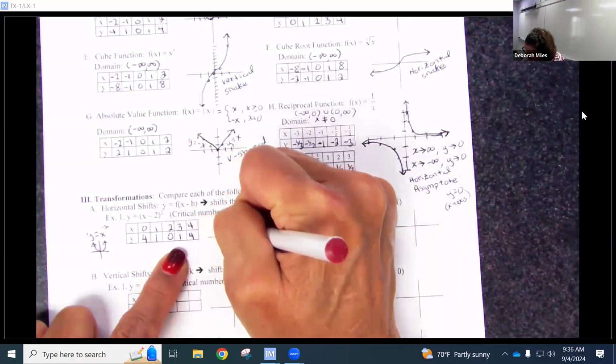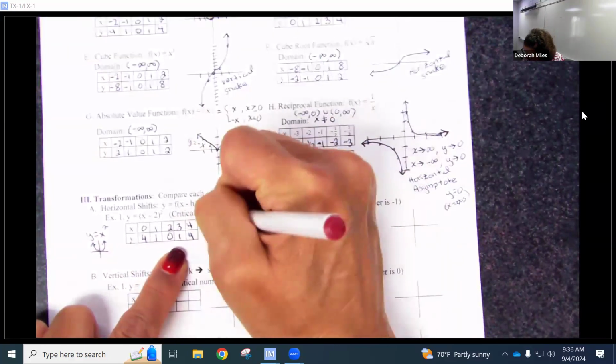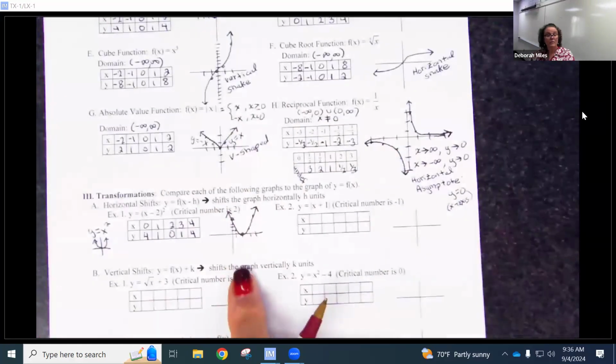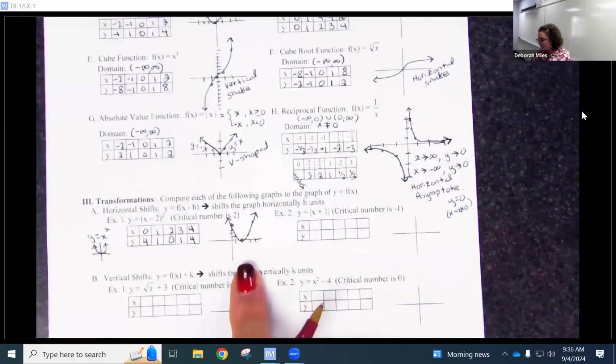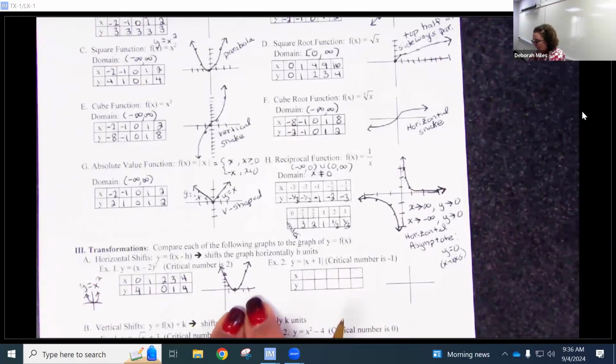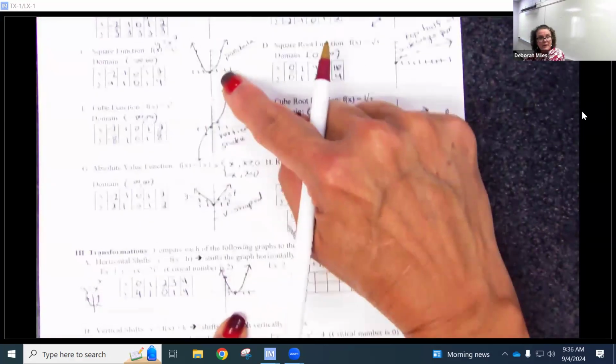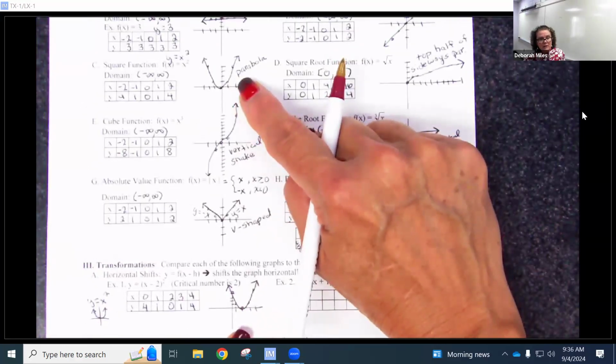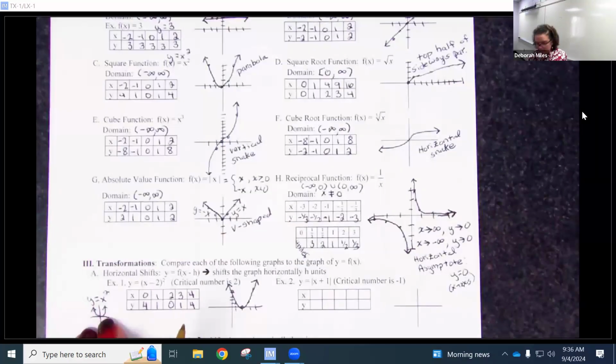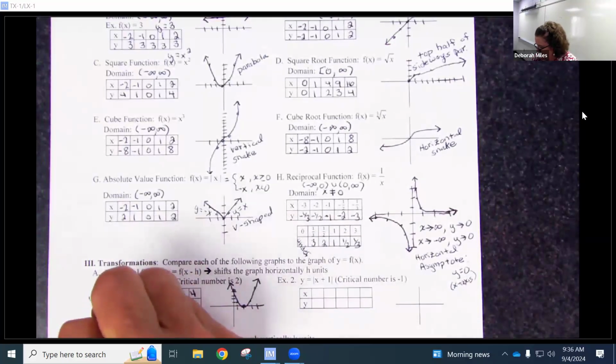There's my parabola. And if I ask you how that parabola has been shifted in comparison to our basic parabola, you would say it's our basic parabola just shifted to the right 2.